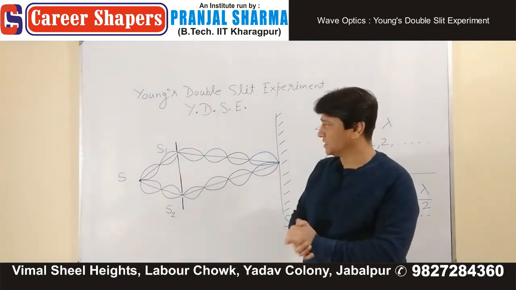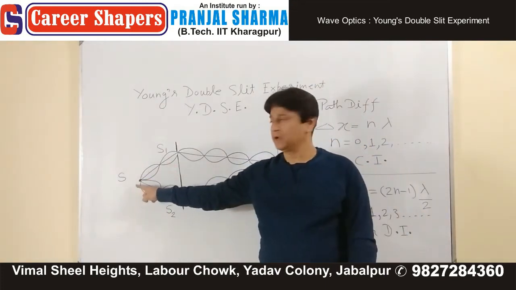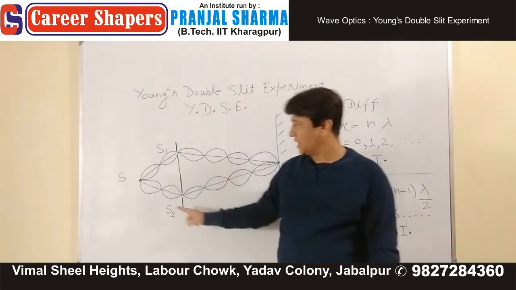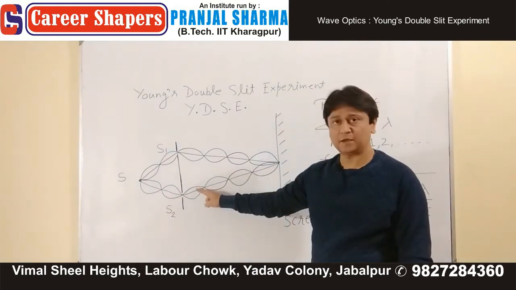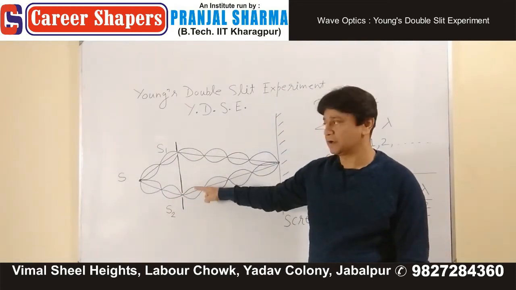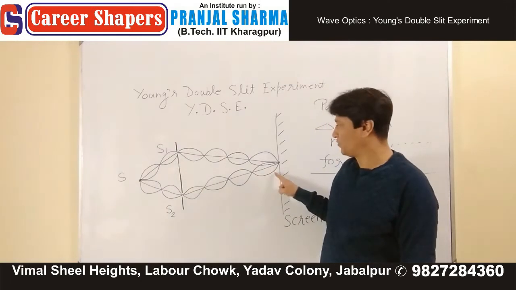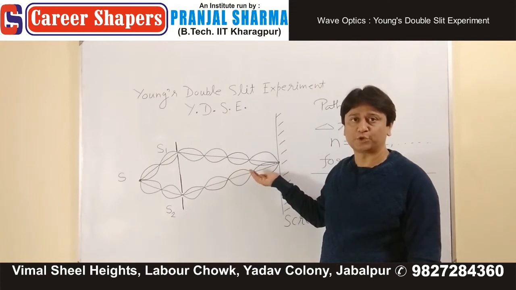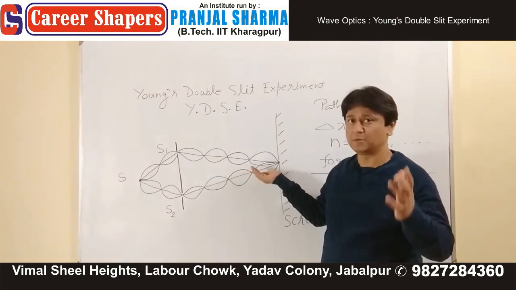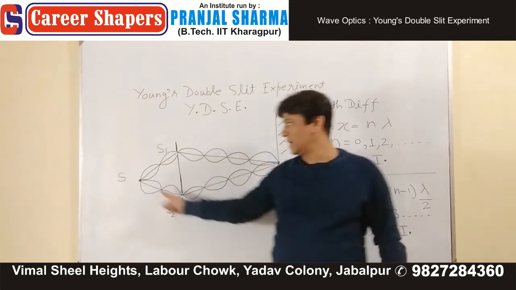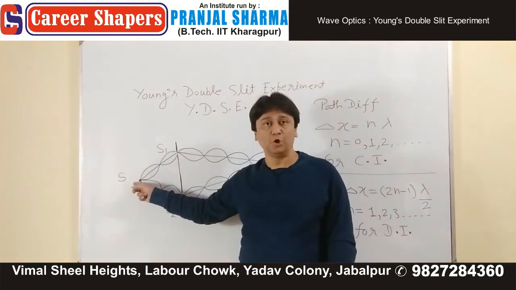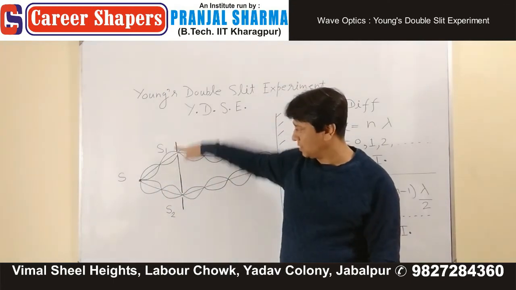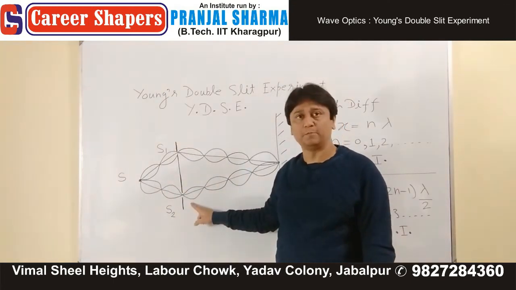But now the advantage is, if S sends black, then S1 receives a black wave. S2 also receives black. Black and black, when they interfere, produce what? Constructive interference, a bright spot. Next time S decides to send a blue wave, S1 receives blue, S2 also receives blue.